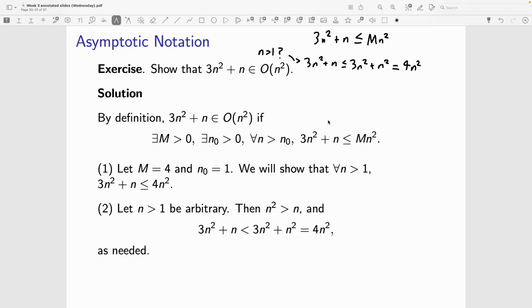Now we have 3n plus n is less than 4n, or 3n squared plus n is less than 4n squared. If we can show that 4n squared is less than mn squared, then we'll be able to find values of n naught and m that work for the original inequality.